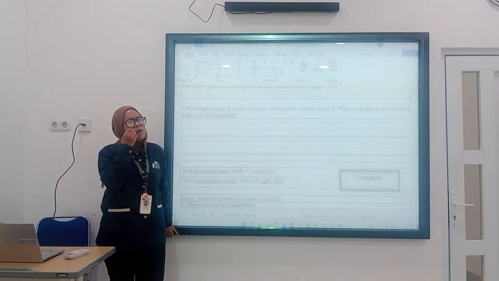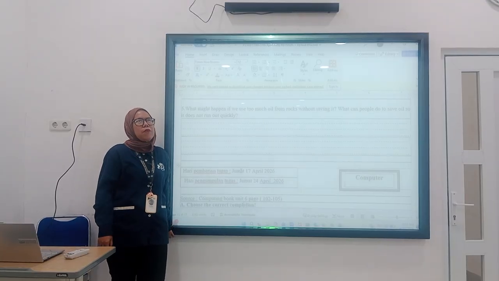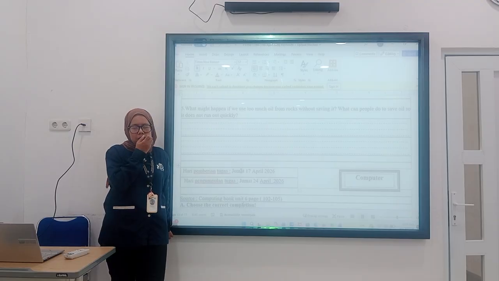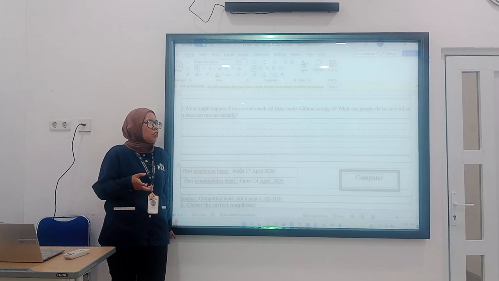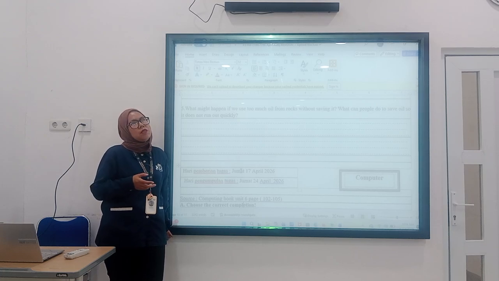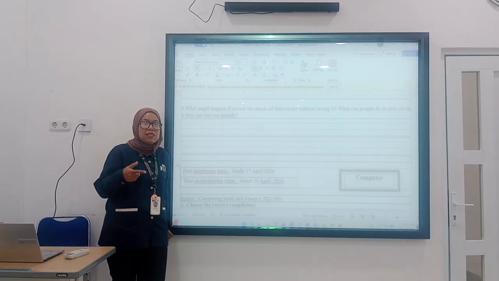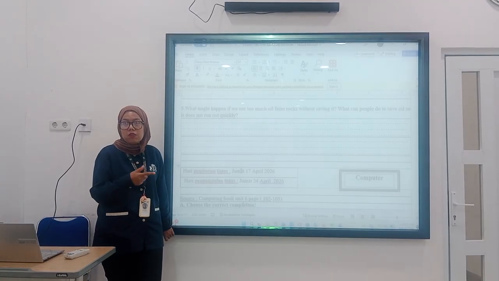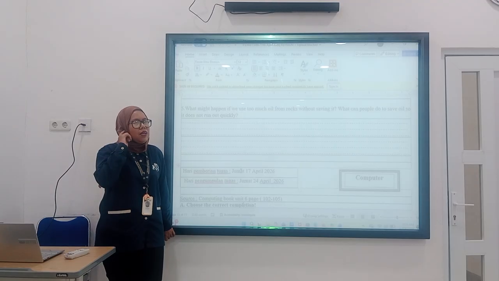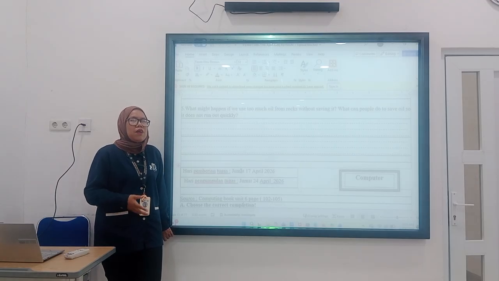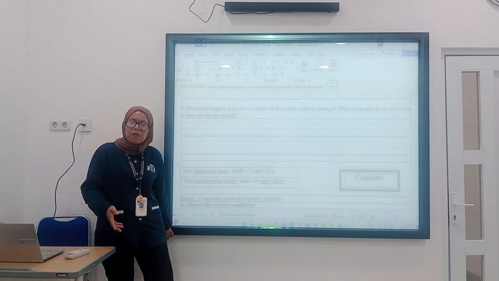I think in Indonesia we still have many kinds of fossils, but it depends on the human resources. I mean, we have petrologists, right? The ones who study rocks and fossils and everything, but our human resources are not qualified, I think.